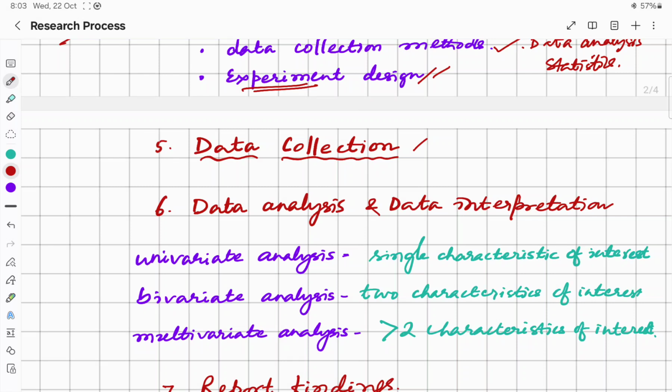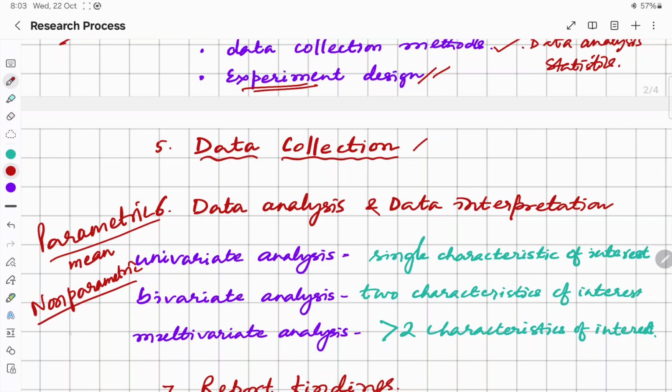So the statistical methods we will use can be parametric tests. If we are using parameters like, say, mean, then this is called a parametric test, and the others are non-parametric tests where we do not use any parameter, we use rather the rank, order, etc. for analysis.